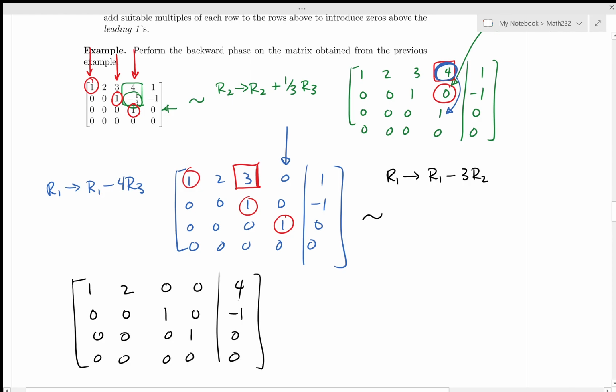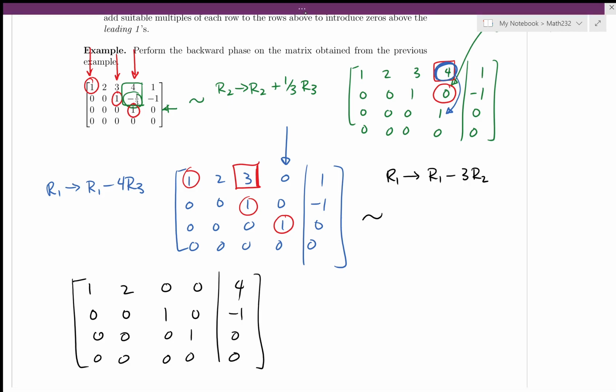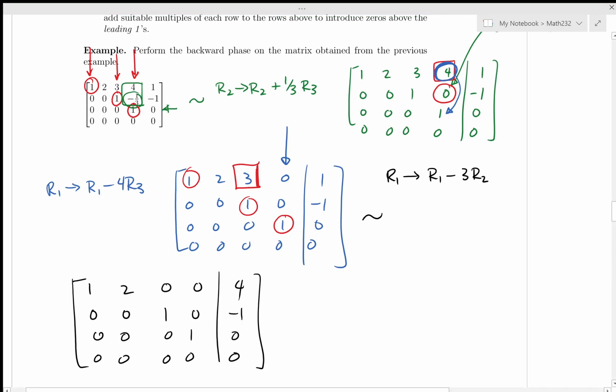There it is. Now let's take a close look at this matrix. I've got my leading ones. It's in reduced row echelon form. I have a leading one in column 1, in column 3, and in column 4.